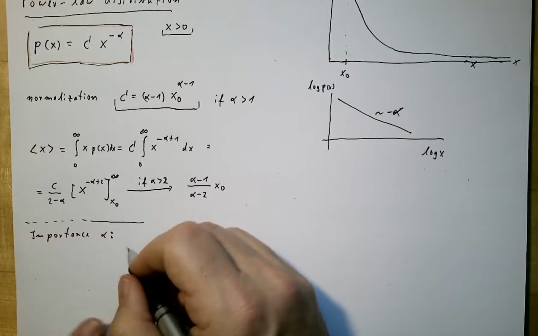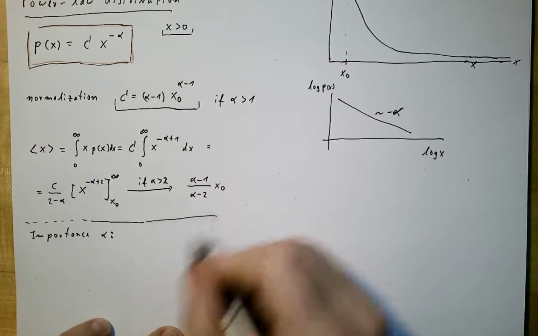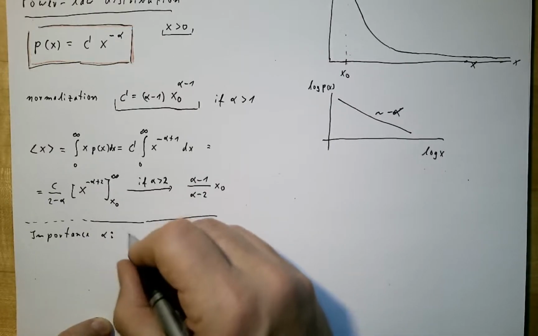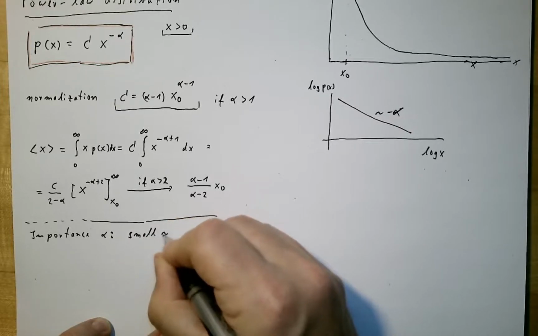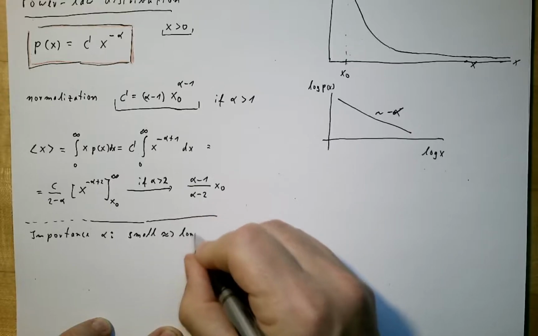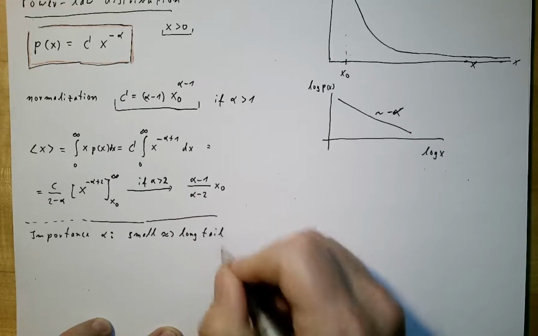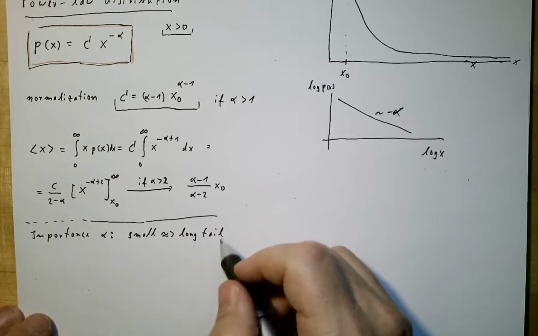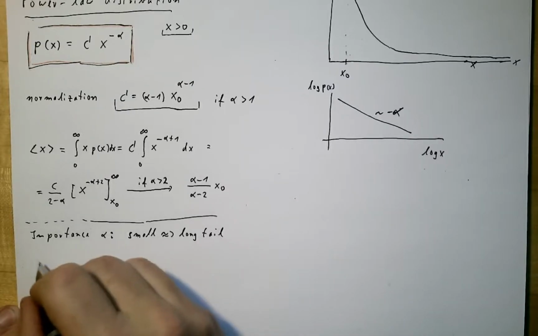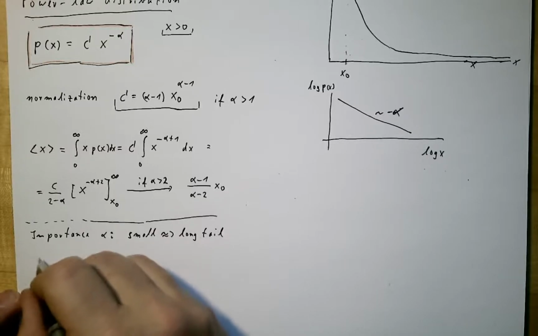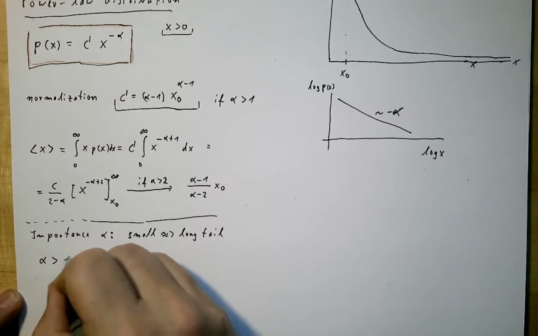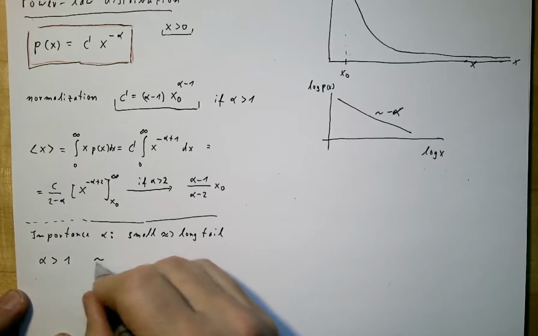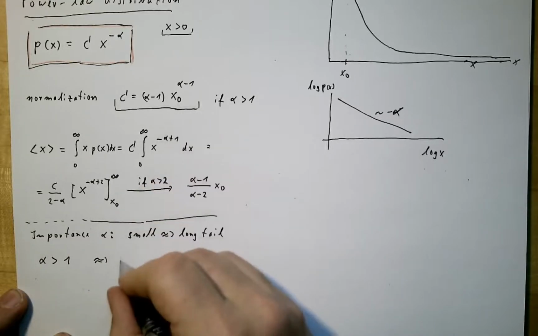First in words: small alpha leads to a long tail. And if alpha is larger than 1, then we have this normalization.